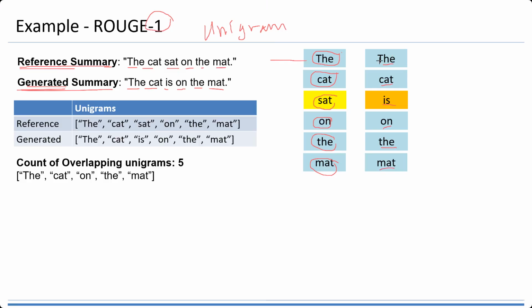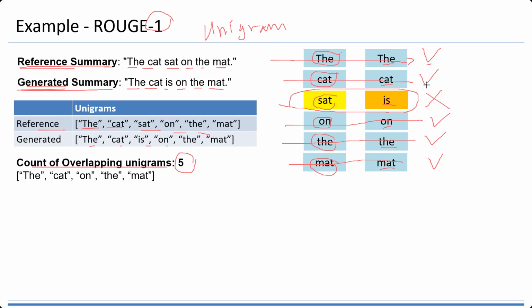You can see this word matches, this word matches. What about this word? It does not match on the order. This one matches, this one matches, and this one matches. Okay, so for the unigram, we can split the tokens like this: the cat sat on the mat, the cat is on the mat. So the overlapping unigrams are five: one, two, three, four, five.